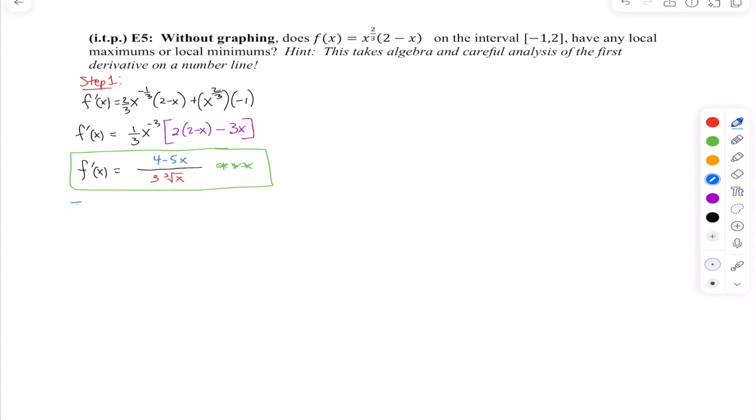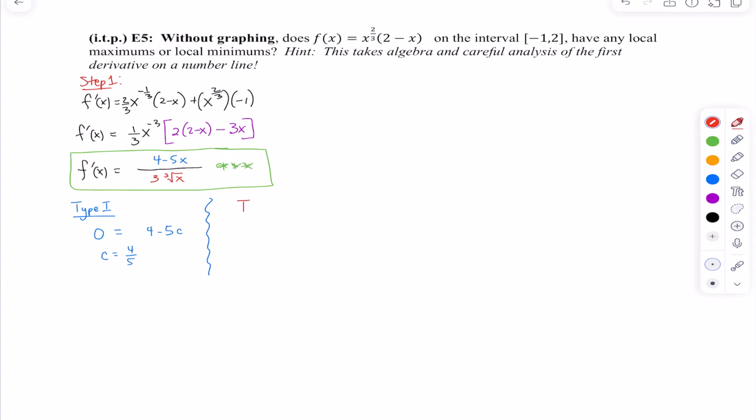Type 1 is when the first derivative is equal to 0. And you end up solving this equation. So c equals 4/5 is a type 1 critical number.